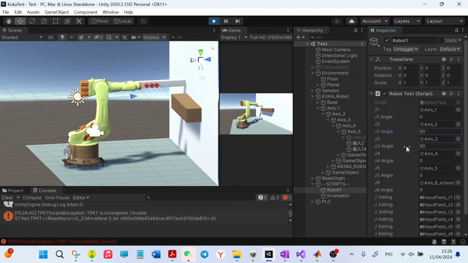Next, let's take a look at J3. So J3 doesn't change this position, it only changes its rotation. So here position is the same, but rotation is different. If we take a look at this, it also changed the rotation of the final point, but doesn't change its position.